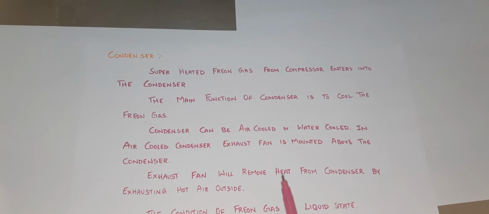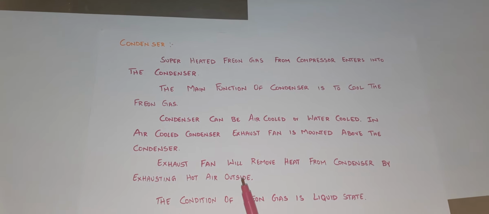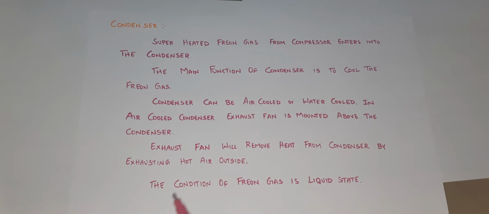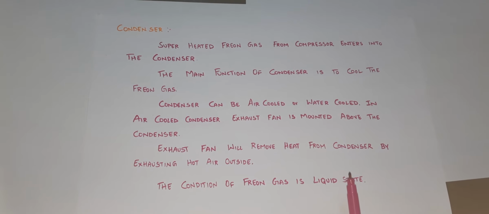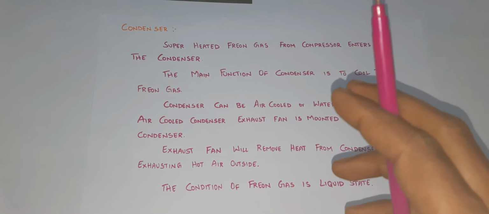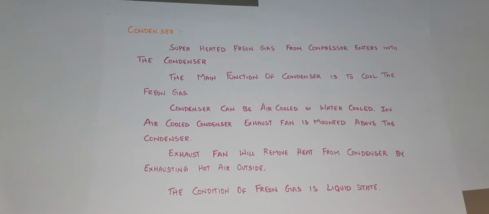The exhaust fan will remove heat from the condenser by exhausting the hot air to the outside. The condition of the freon gas is liquid stage because the heat existing in the condenser gets exhausted with the help of the exhaust fan.